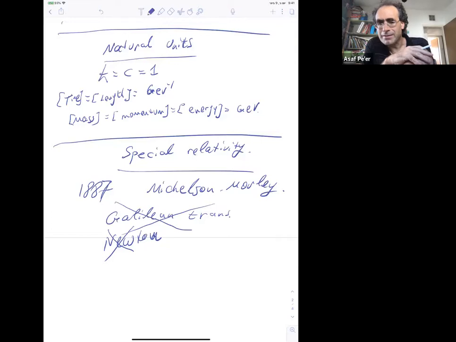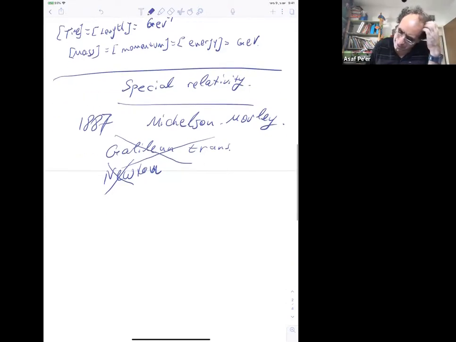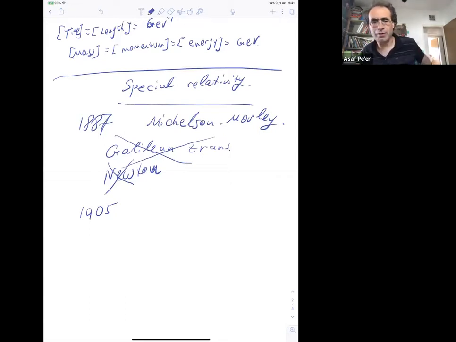Okay, so the speed of light is constant. And then, of course, 1905, the year of miracles. Four papers by Einstein, each of them deserved the Nobel Prize. One of them got it. It was not this one. It was mathematically beautiful.